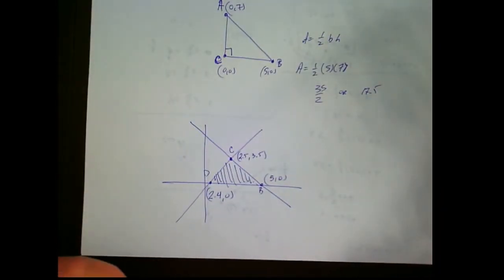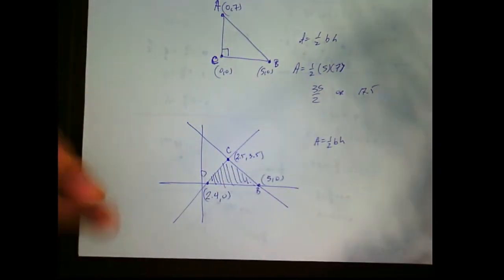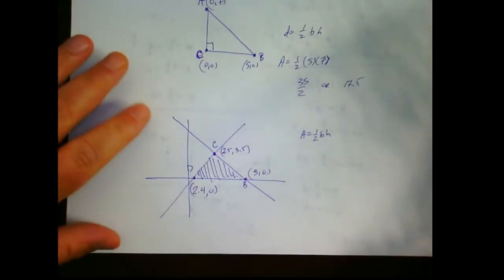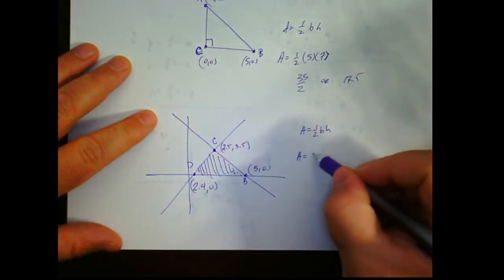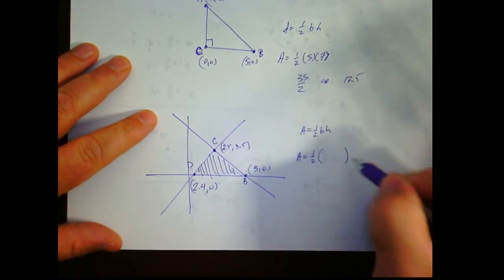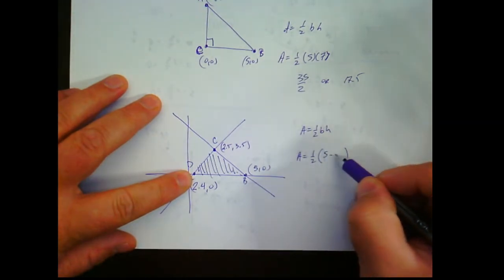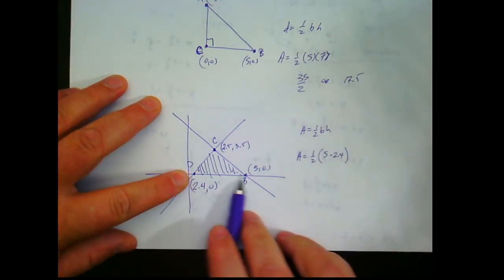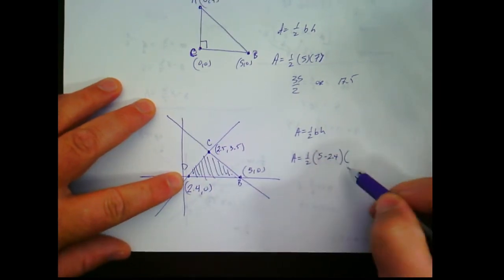Now, we need to use our formula, one half base times height. We have a couple things to figure out first. We have to figure out what is the base and what's the height. Let's do the base first. The base is from 2.4 to 5, so that's 5 minus 2.4. That's the distance right here, 2.6.